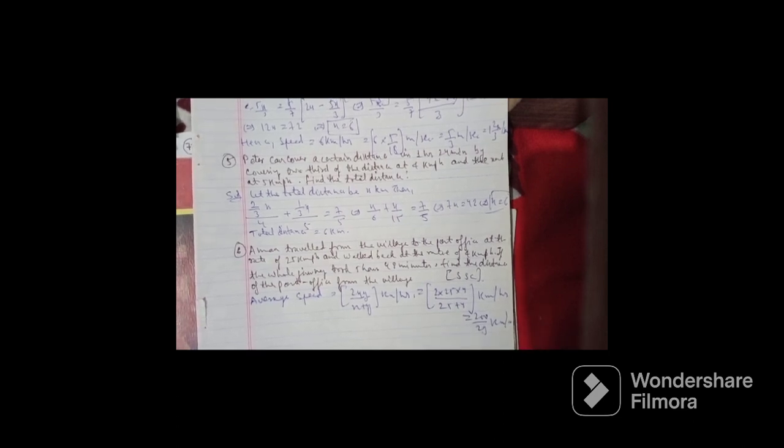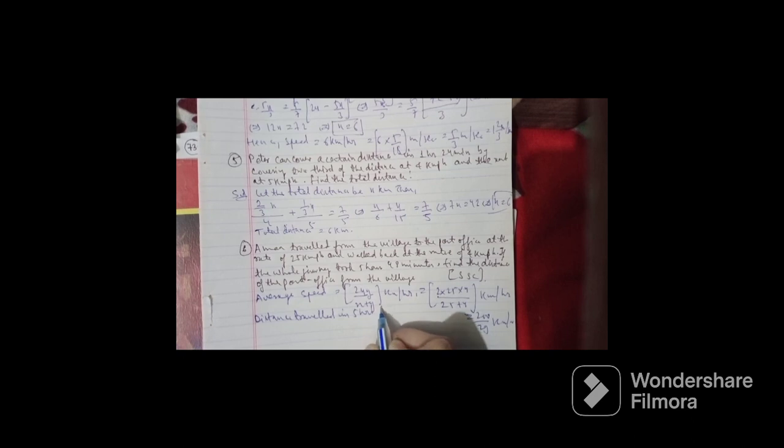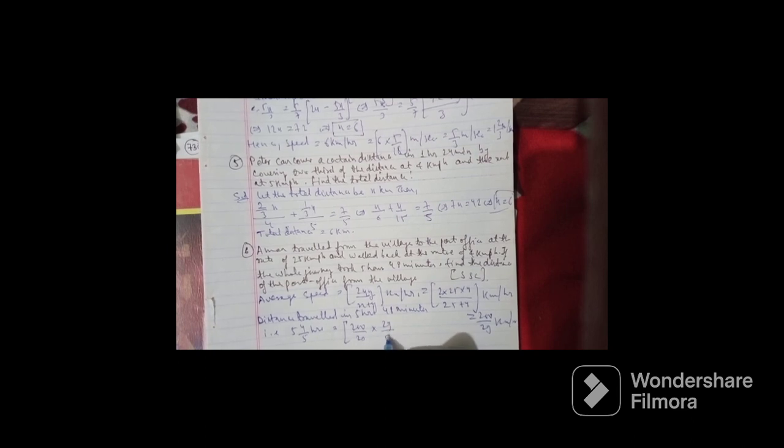Distance traveled in 5 hours 48 minutes, that is 5 4/5 hours, equals 200 upon 29 into 29 upon 5.